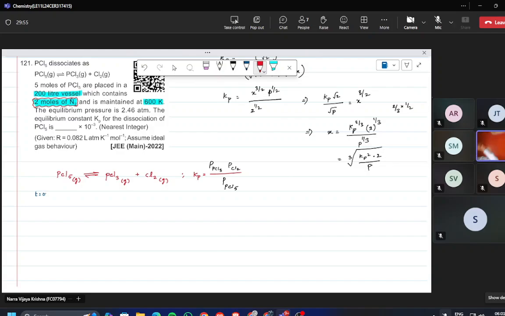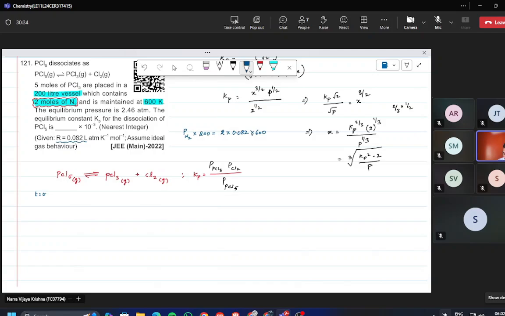Now tell me how to do it. 5 moles of PCl5 are placed in a 200-liter vessel, which already contains 2 moles of N2 and is maintained at 600 Kelvin. So for these 2 moles, can I calculate the pressure by using PV equal to nRT? So I am writing that. Pressure due to nitrogen into volume is equal to number of moles into R value into temperature.